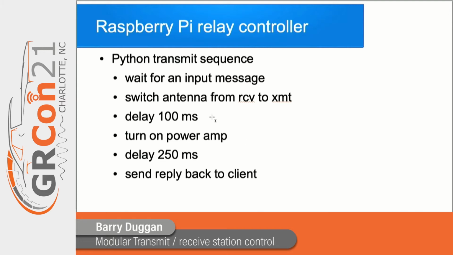Now these delays are unnecessarily long, but the reason I did them this way was so I could visually observe the switching sequence. You can see and hear the relays go click, click.